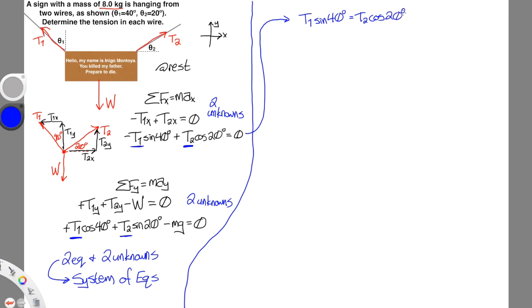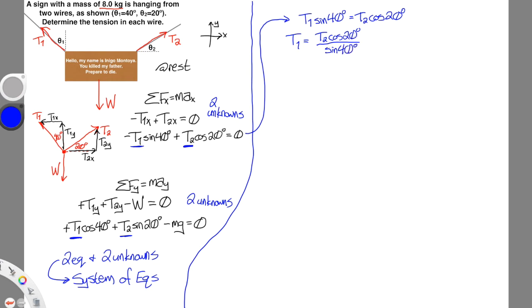We want to rewrite this equation so that we have one of our unknowns by itself on one side, so I'm going to solve for T1. T1 will equal T2 times the cosine of 20 degrees divided by the sine of 40 degrees.